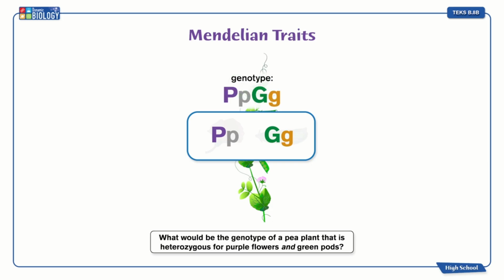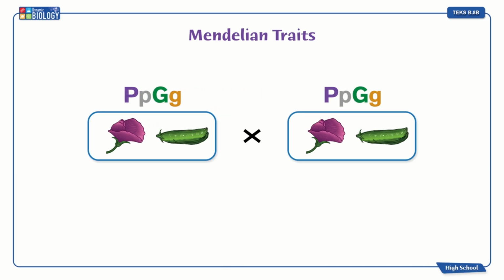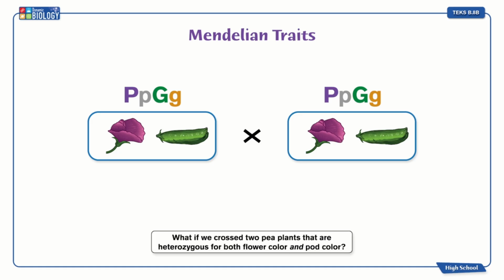The genotype of this pea plant would be P, lowercase p, G, lowercase g. What if we crossed two of these plants? Would their offspring have purple flowers or white flowers, green pods or yellow pods?